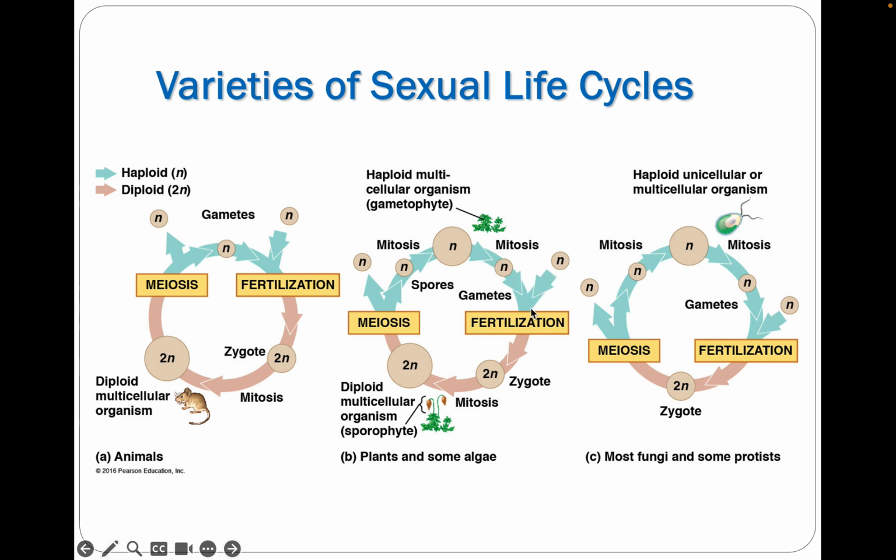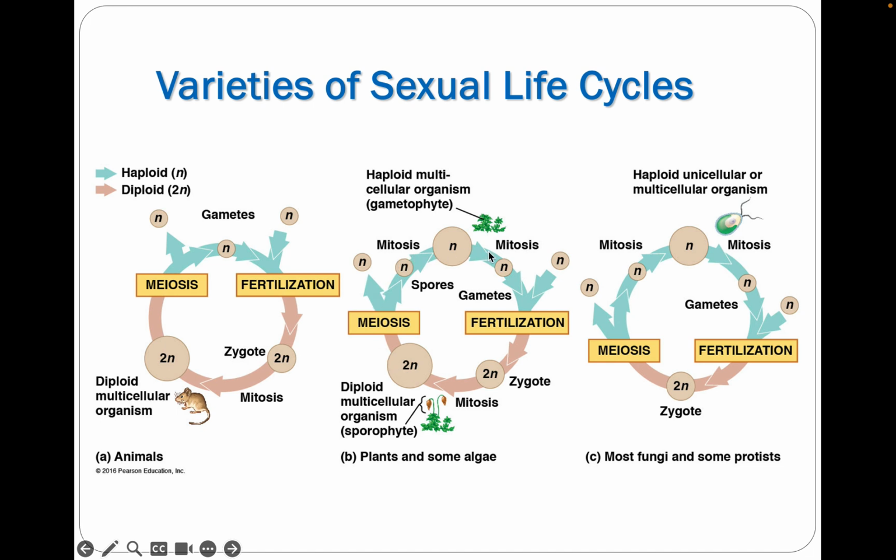When two gametes unite, they're fertilized. But in between here, the spores grow into a larger haploid multicellular organism. This haploid multicellular organism is called a gametophyte. So that gametophyte produces gametes. The gametes unite with another individual, and it creates a fertilized zygote, which develops into a diploid multicellular organism.